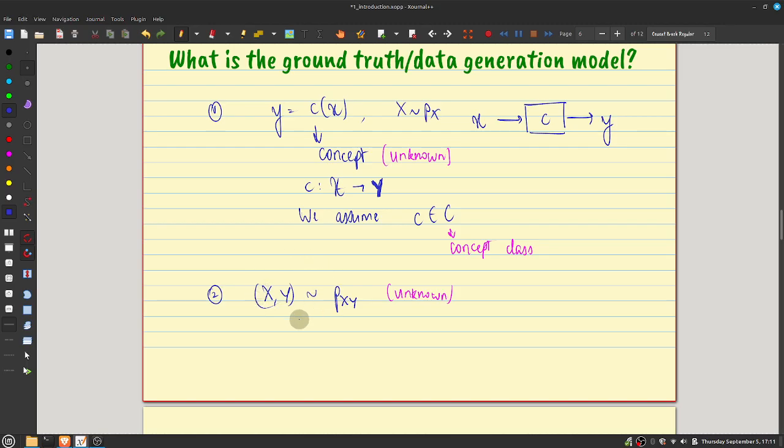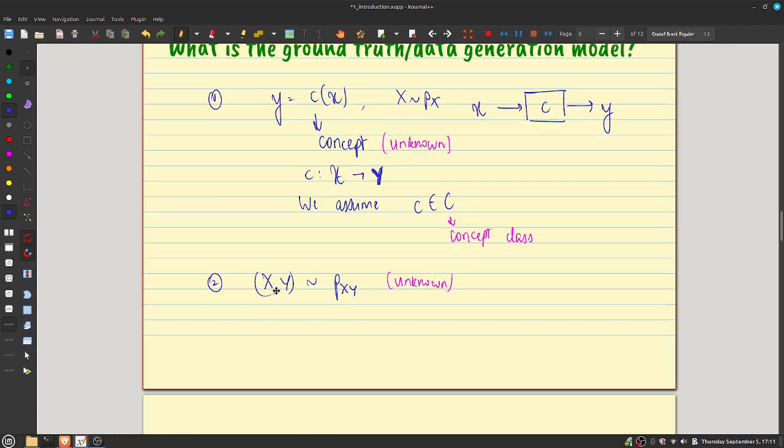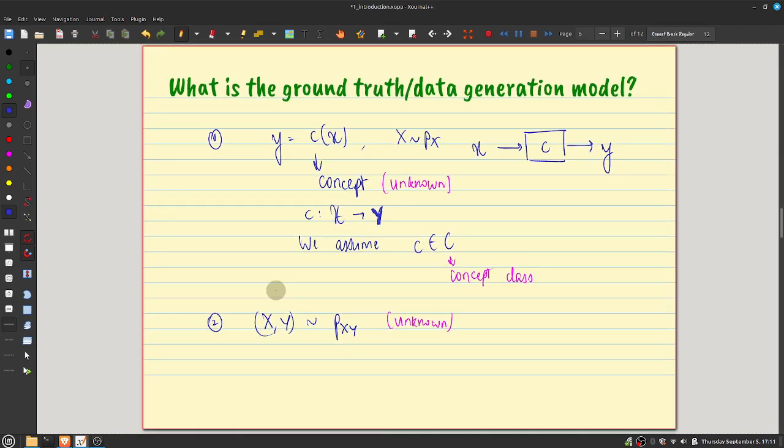And even in this case, when the relationship is not really a concept, the relationship could potentially be random. So in some sense, this randomness takes into account the information that you don't have, some missing information.